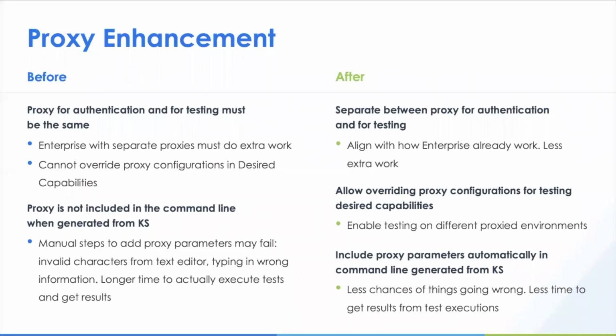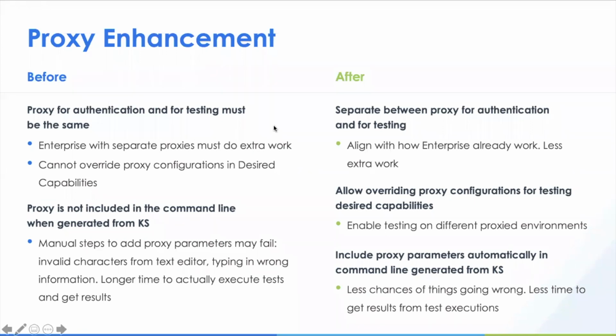And previously, when they worked with Katalon Studio, they had to change the way they work in order to align with the way that Katalon Studio handles proxy. So they could only use one proxy for both proxy servers, and it's a lot of work, and sometimes the efforts spent on doing that are not justified to the upper management. So that's the first problem.